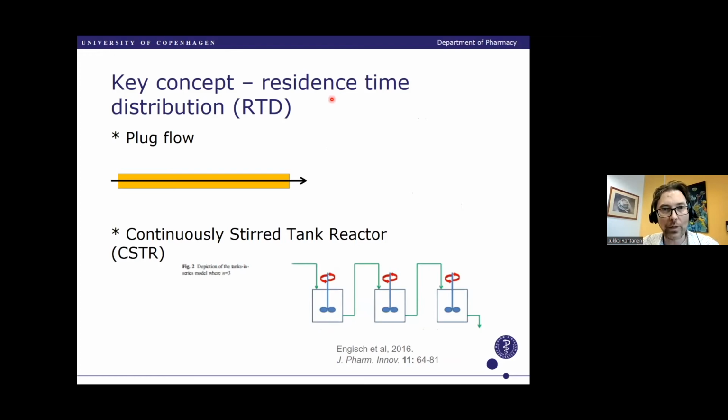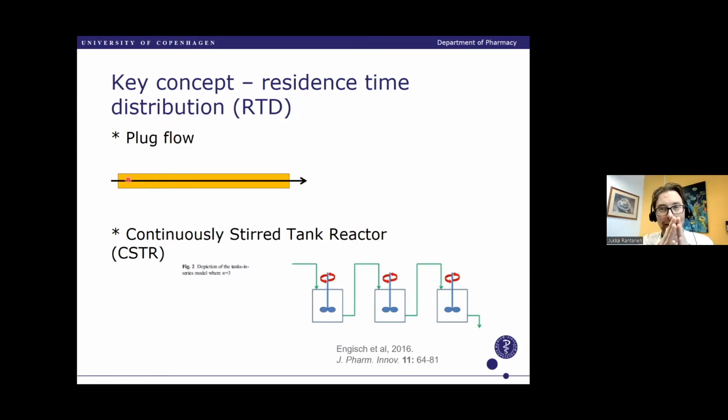And one important concept in such a system is the time aspect, as I mentioned in the beginning. A very important parameter here is the residence time distribution. So you need to start thinking about how much time your material has been spending in this process. One theoretical consideration here is an imaginary scenario where we have a plug flow. So the material is really moving as a plug and not being distributed in the process.